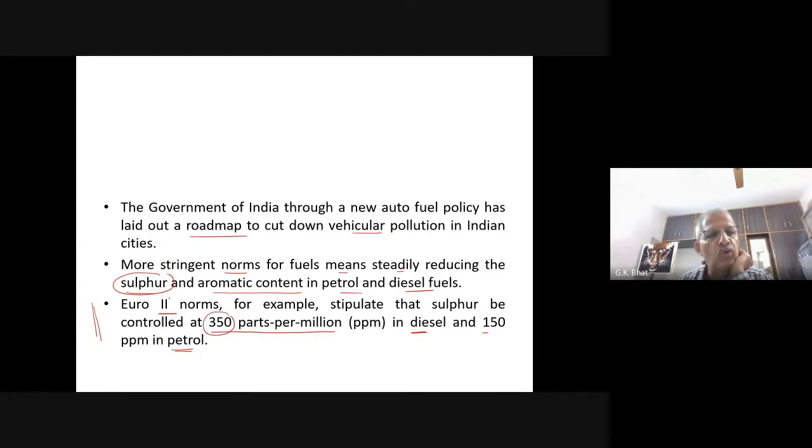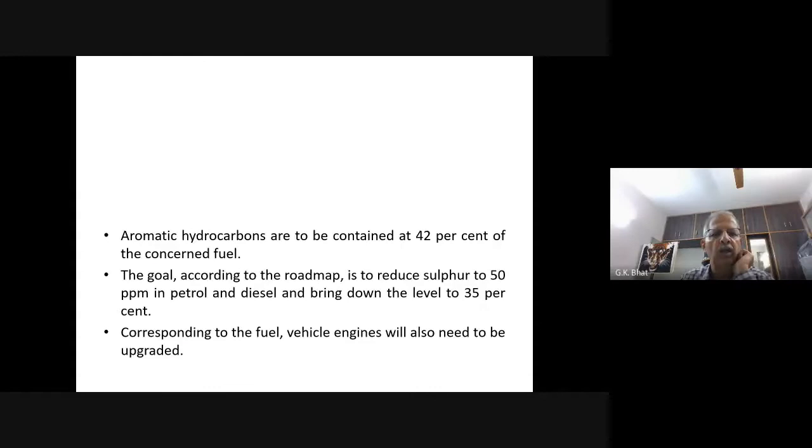When Euro 2 norms were introduced, it was said that there should be not more than 350 parts per million of sulfur in diesel and 150 in petrol. Aromatic hydrocarbons are to be contained at 42% of the concerned fuel. It should be within 42%.